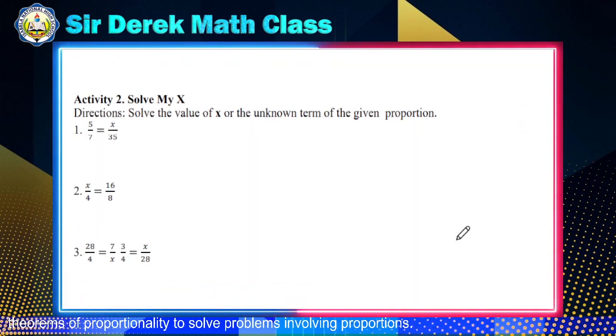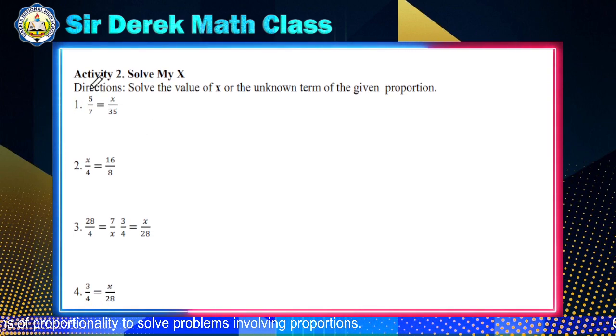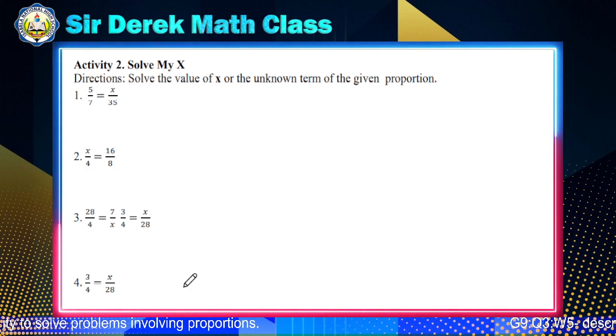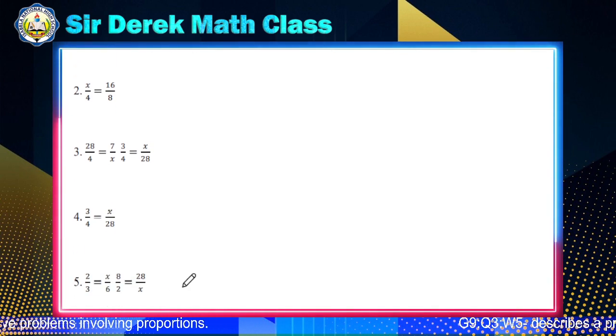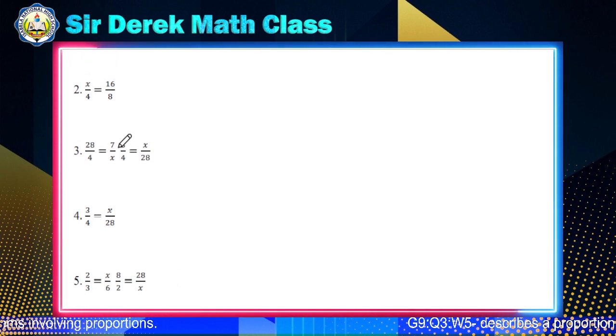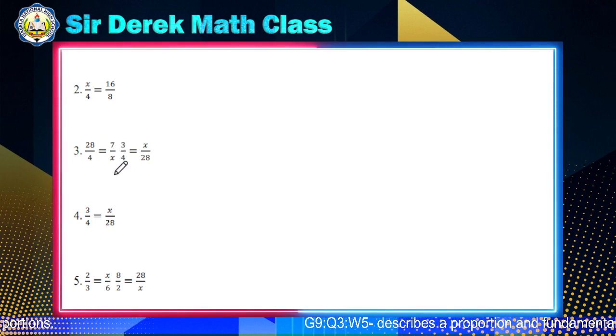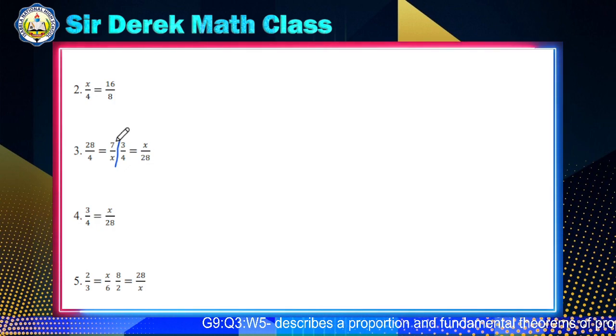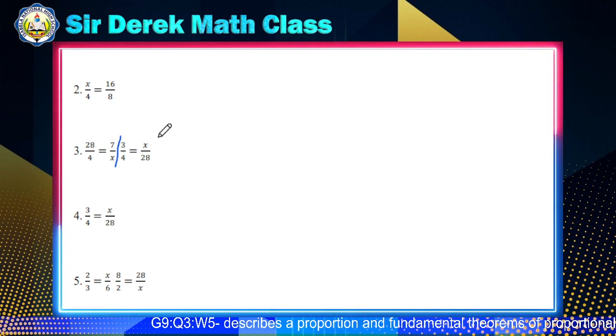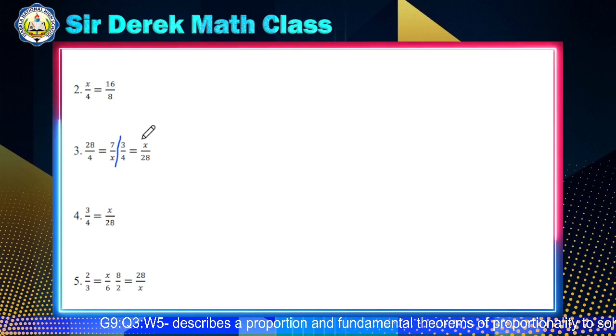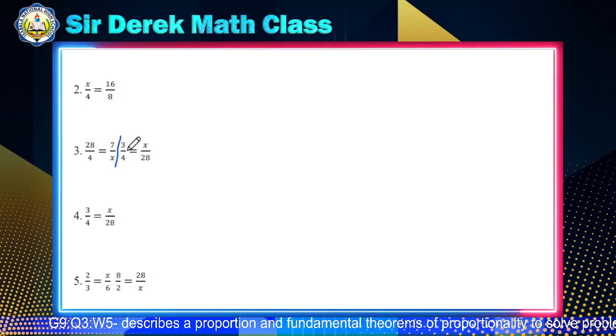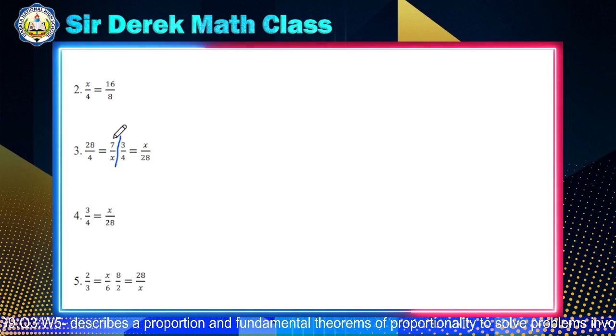Alright, in activity 2, solve for x. You can also apply yung cross multiplication or cross product dito. Okay? So, in number 3 here, 28 over 4 is equal to 7 over x. Okay, dalawa ito. Do not combine, no? Okay, sige. Ang gagawin nyo dito is mamili na lang kayo ng isang isosolve ninyo to solve for x. Mamili lang ng isa.